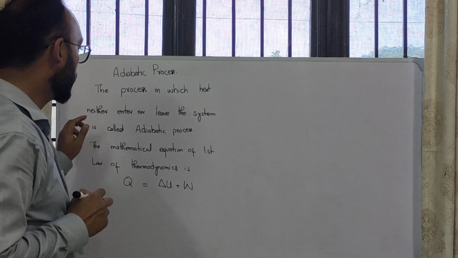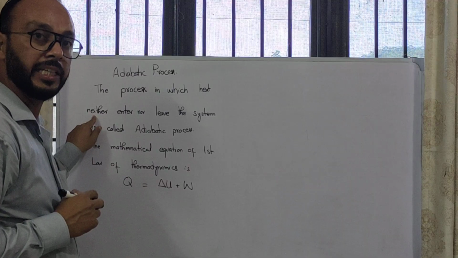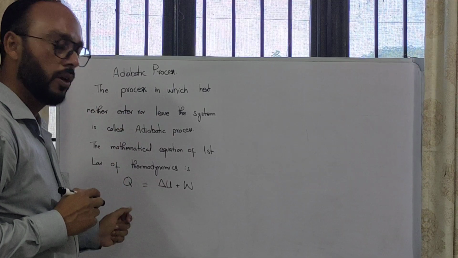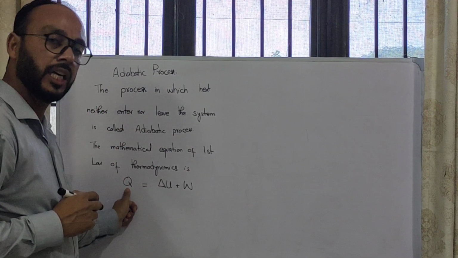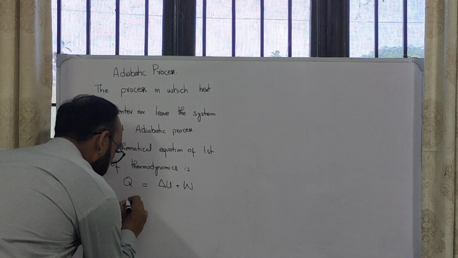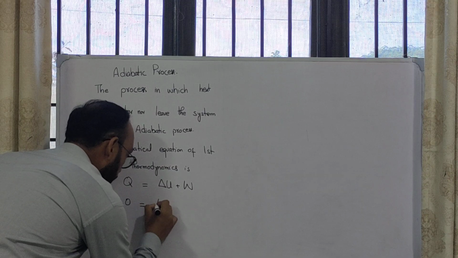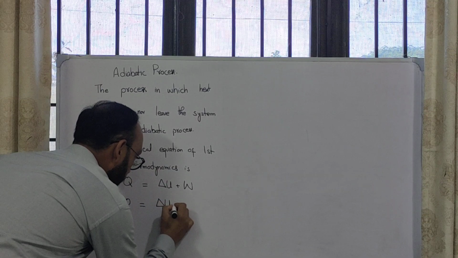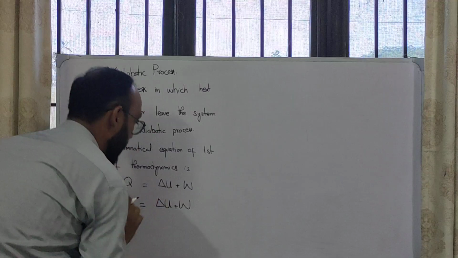As in adiabatic process, heat can neither enter nor leave the system, so the quantity Q is 0. In adiabatic process, Q is equal to 0, so first law of thermodynamics will be reduced.